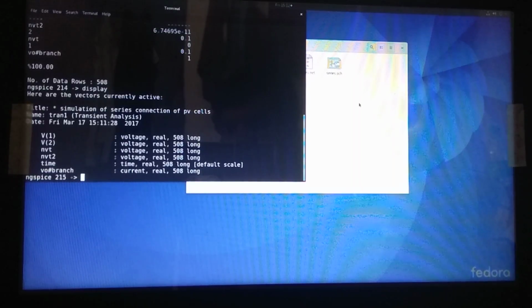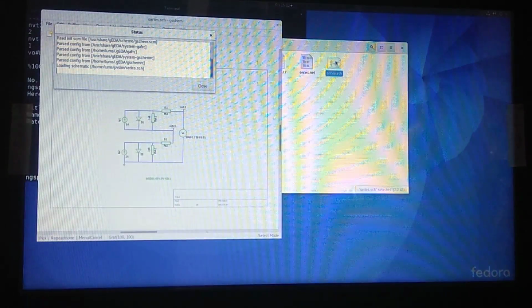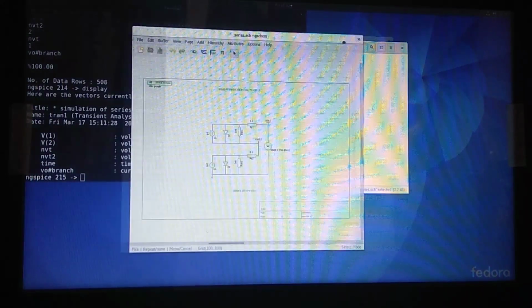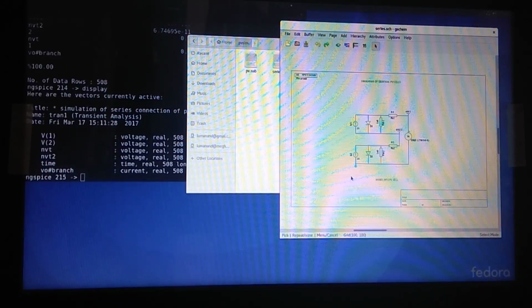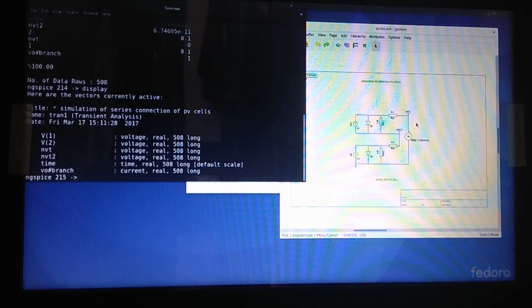You could open the schematic file so that it becomes a bit easier for you to understand the variables that you are plotting. Now let us say we would like to plot the current through this output source, that is I, and the node voltage across this, that is the terminal voltage. How does it look?